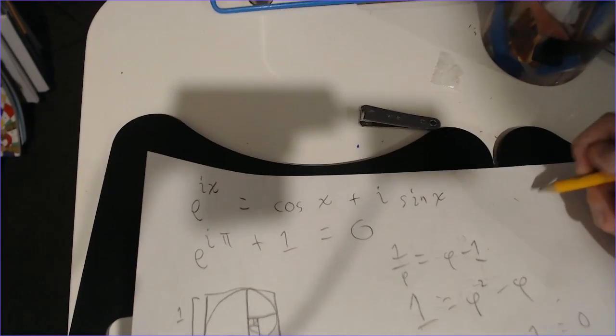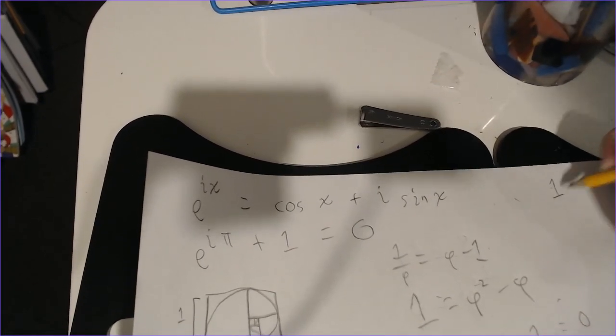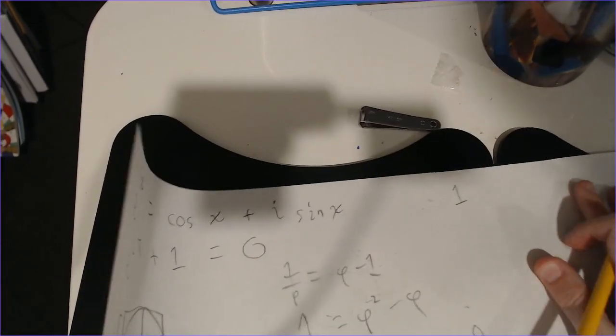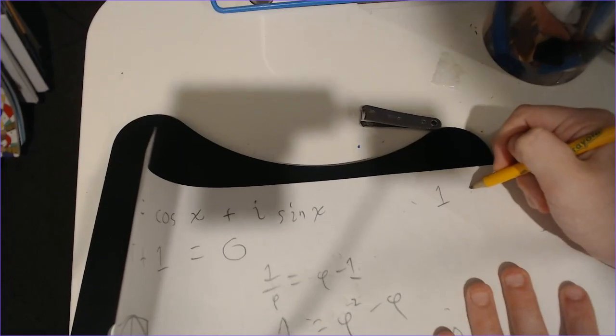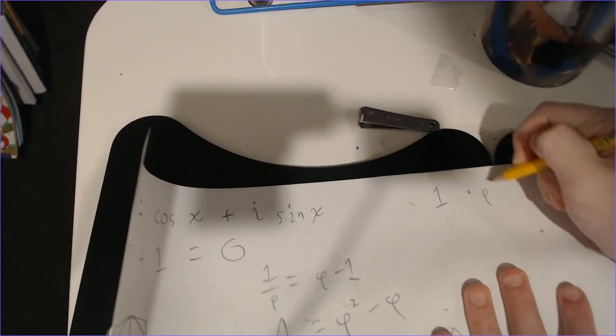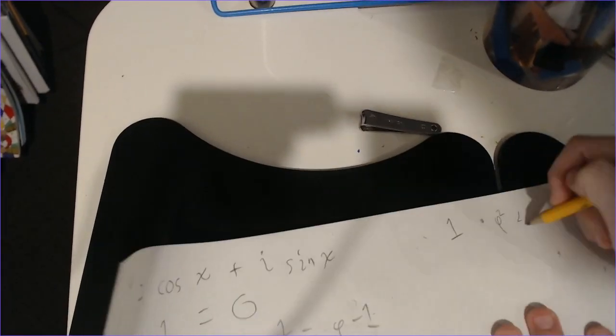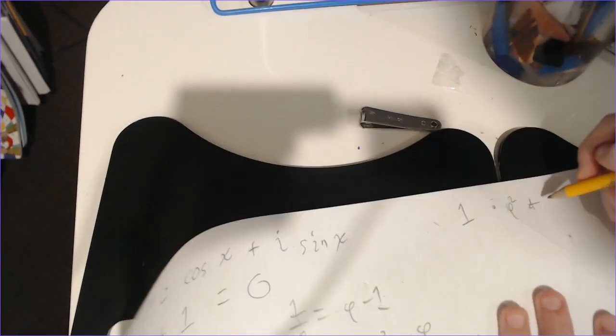Now, this means that 1 times phi squared plus negative 1 times phi plus negative 1 is all equal to 0.